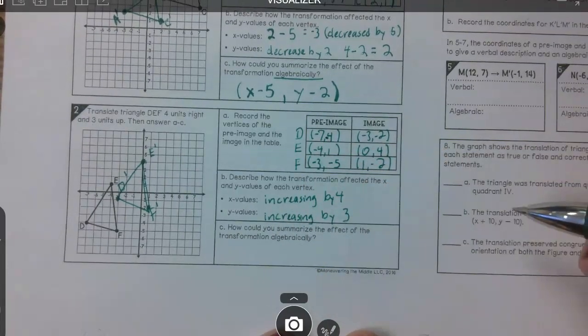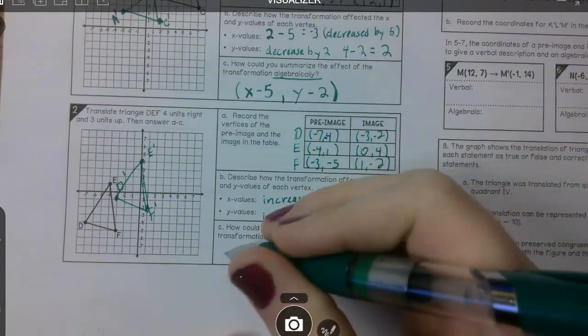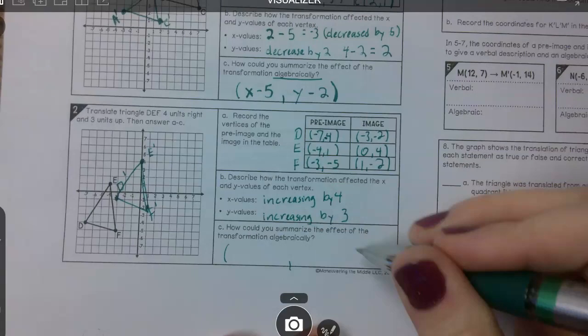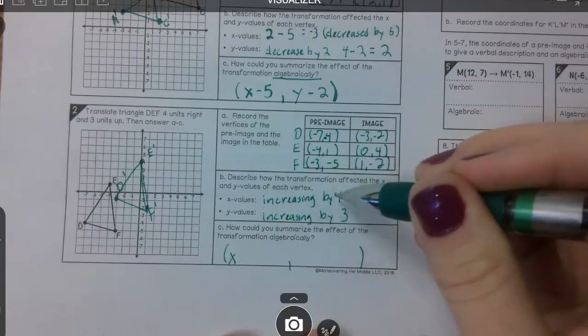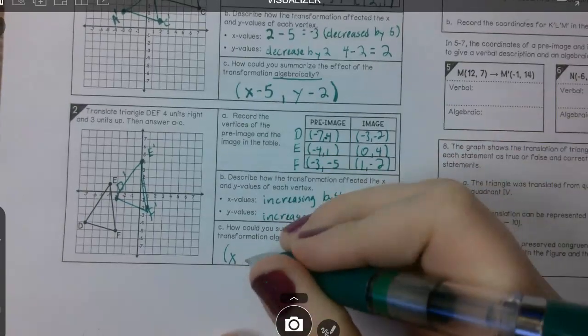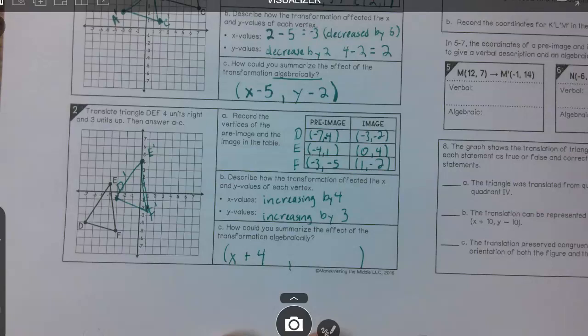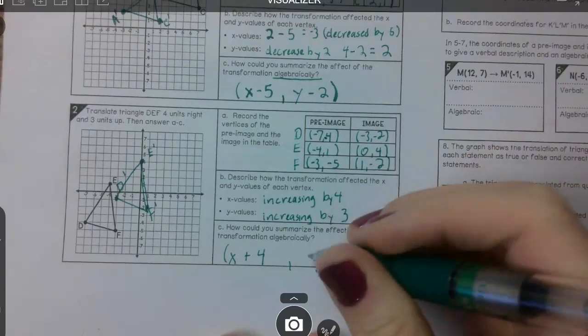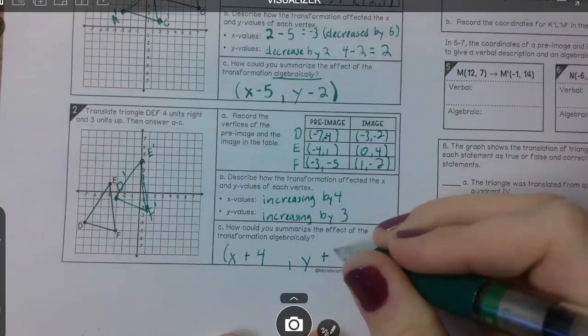So once again, we're going to represent this change algebraically, okay? So we're going to have our coordinates right here. All of the X values increased by 4. Okay, so we could just say X plus 4. All of my Y values increased by 3, so plus 3.